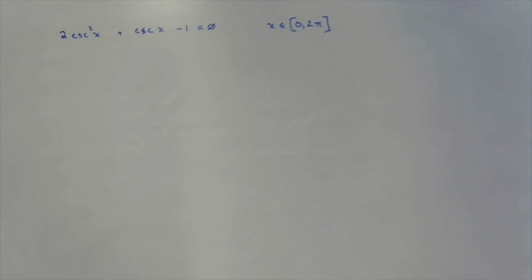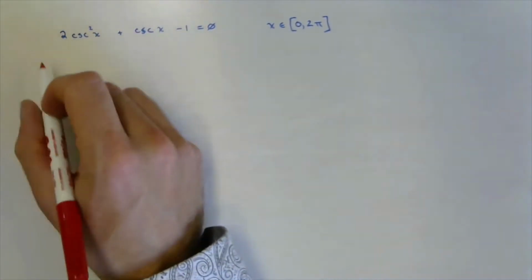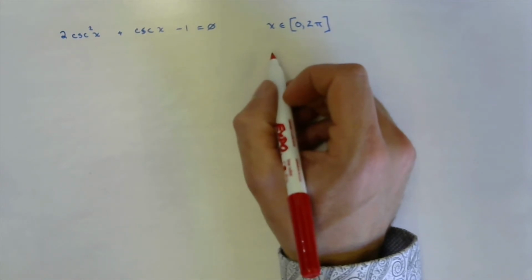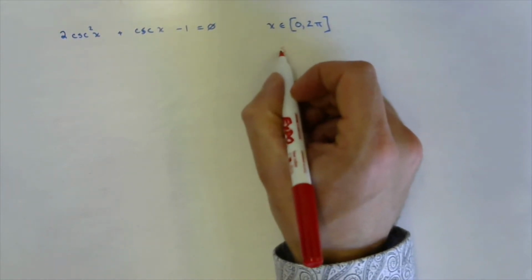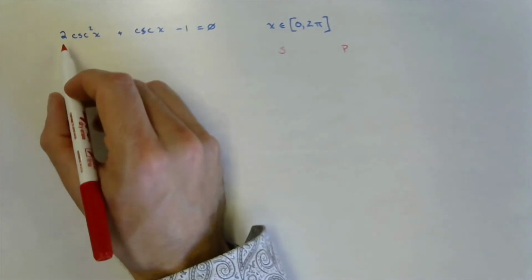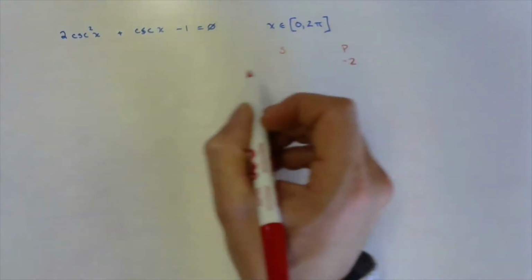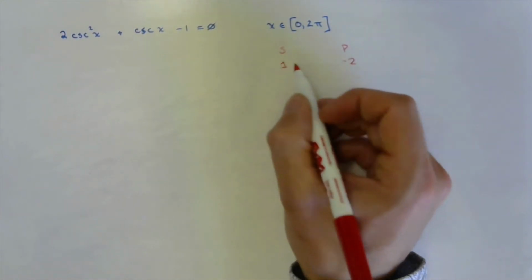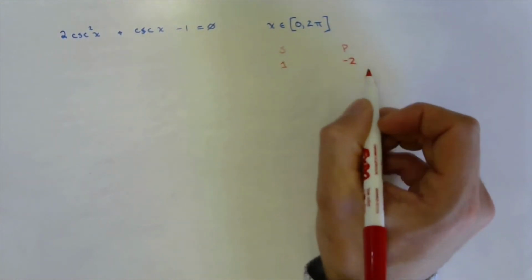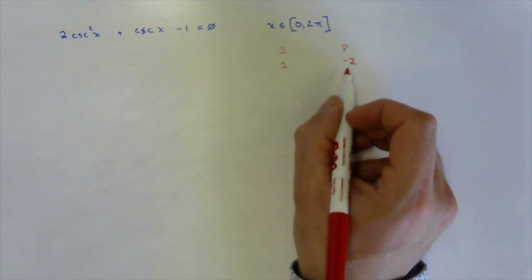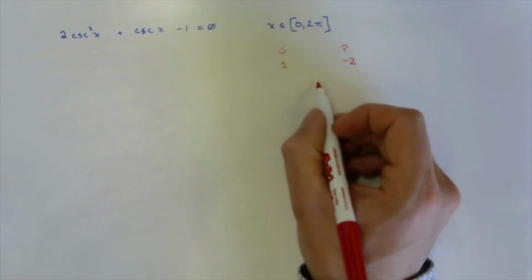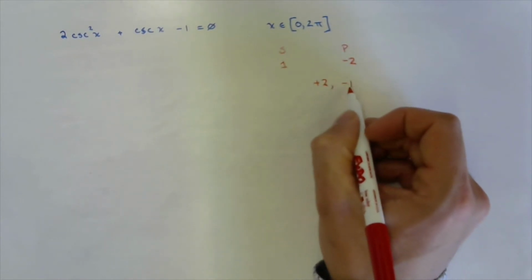Yeah, it's not difficult, but I'm just trying to figure out how we would do this in our heads. So again, I guess you could do sum and product, and you would have the product of a times c, which is -2, and you'd have a sum of the coefficient here, which is 1. So you're looking for two numbers that add to 1 and multiply to -2. So those are +2 and -1.